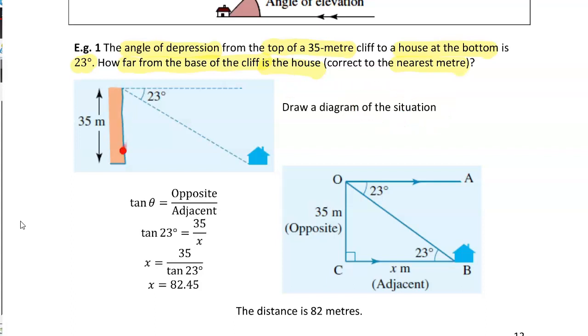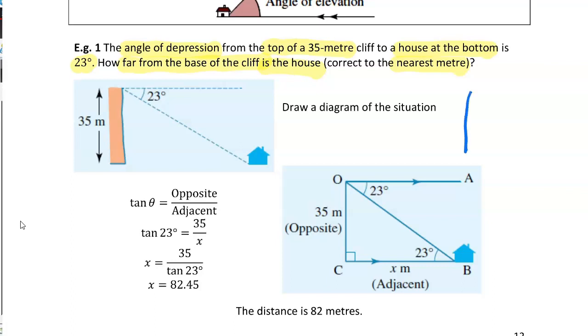So here is a diagram of a cliff with a house and showing that 23 degrees. Then you might want to draw a separate diagram of the triangles. Not quite so realistic, but really just down to the triangles, because once we get it down to the triangles, you don't find it quite so difficult.